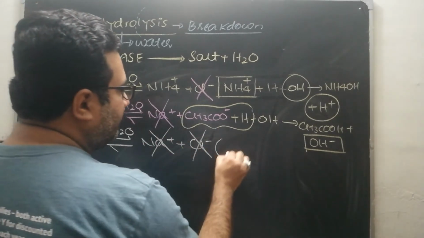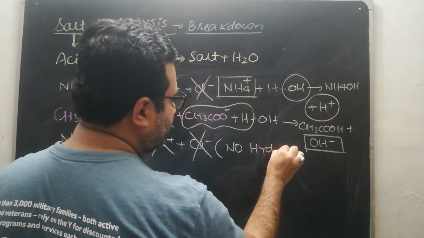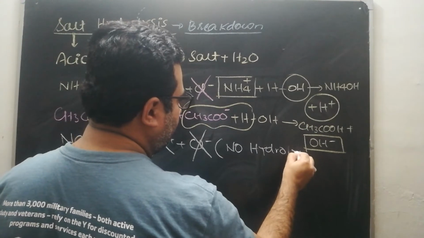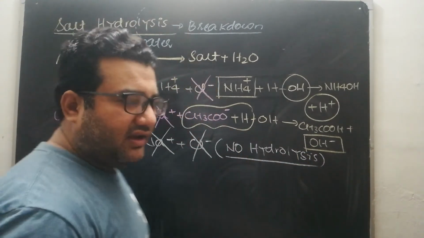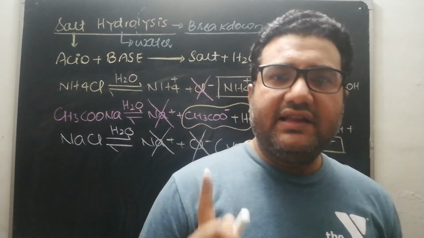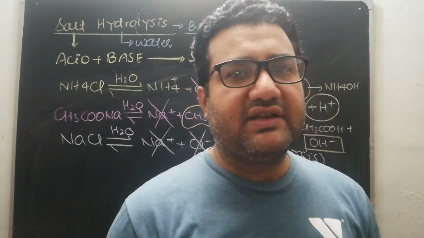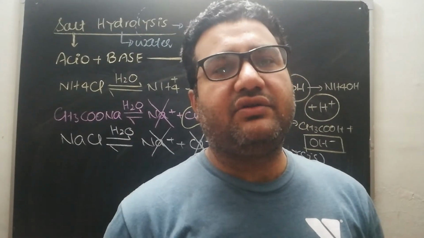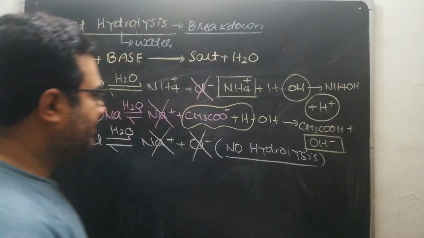In this case, there will be no hydrolysis. Listen very carefully. Any salt which is produced from a strong acid and a strong base does not get hydrolyzed, and its overall solution will be neutral, having pH equal to 7.